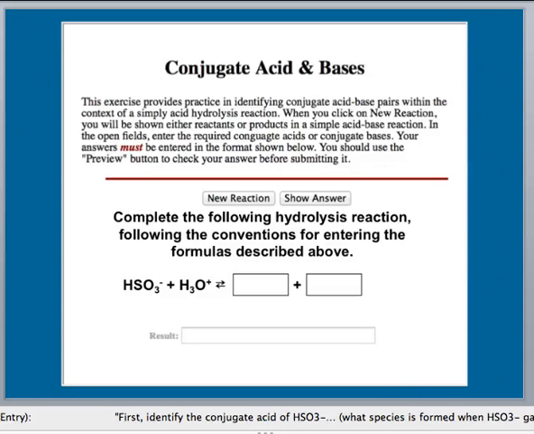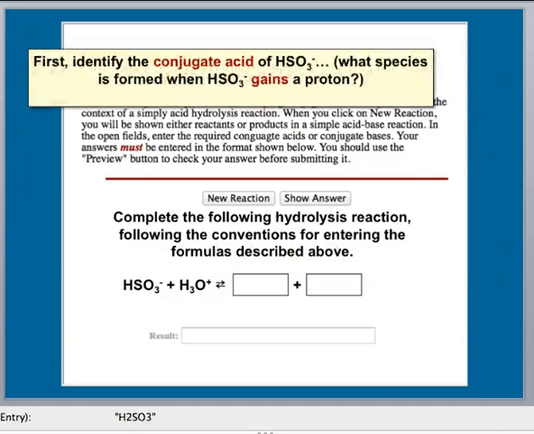So, our Bronsted acid is going to be hydronium, and our Bronsted base is hydrogen sulfite. So the question you ask yourself is, what's formed when hydrogen sulfite gains a proton? All you're doing is adding H plus, aren't you?